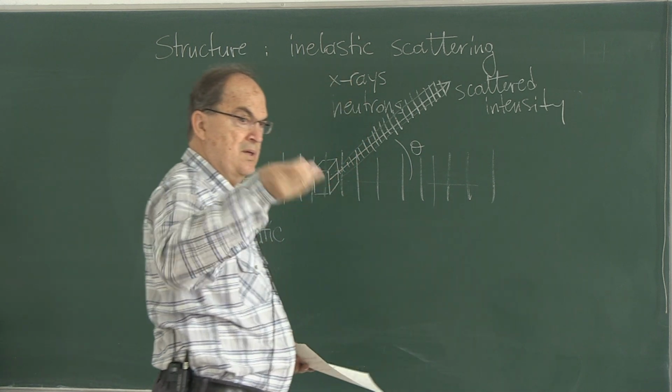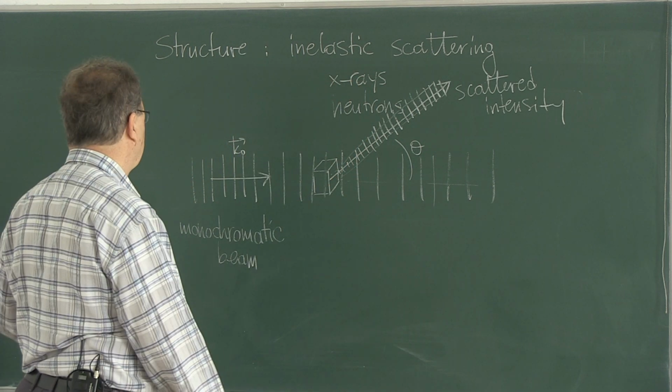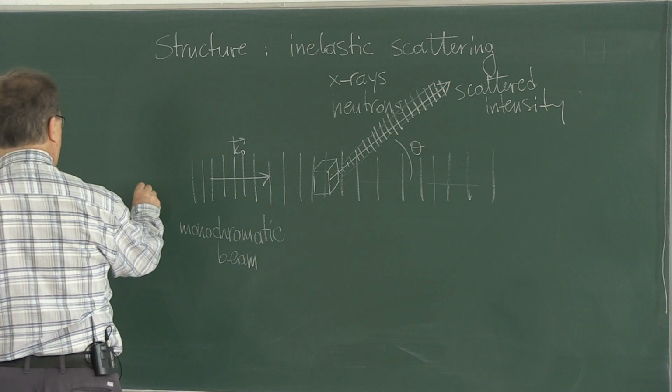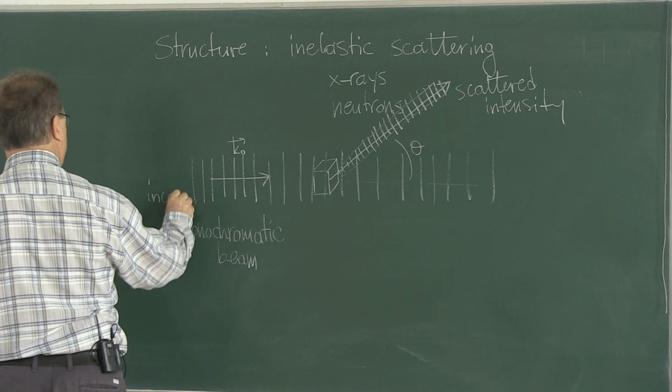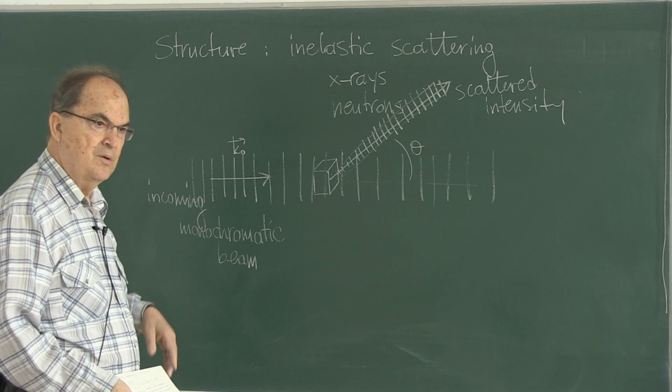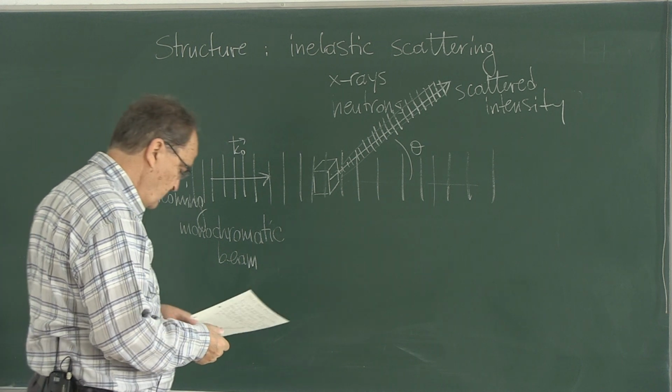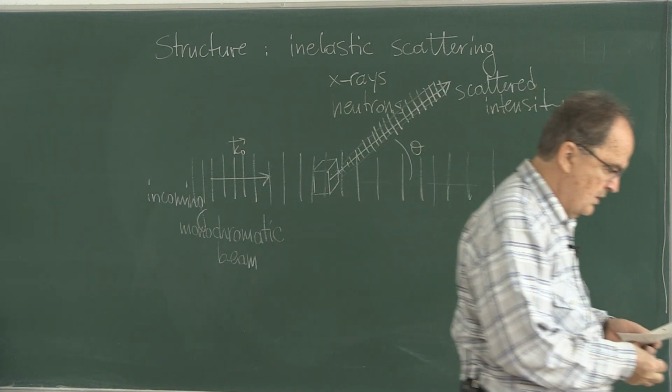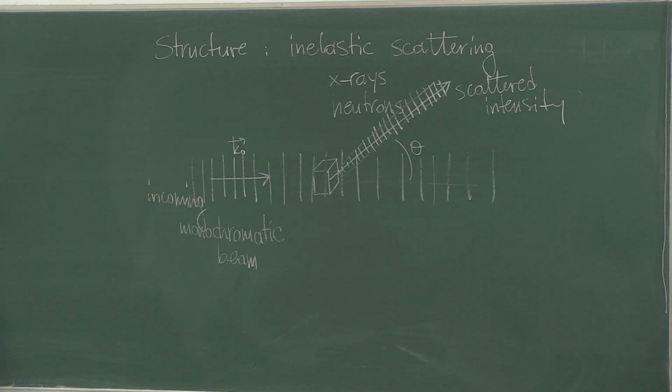You are counting in some sense. This is the incoming monochromatic beam, incoming beam of X-rays or neutrons. Okay, let's see and make contact between the result of this experiment and the pair correlation function, information about the structure of the system, how they get it.